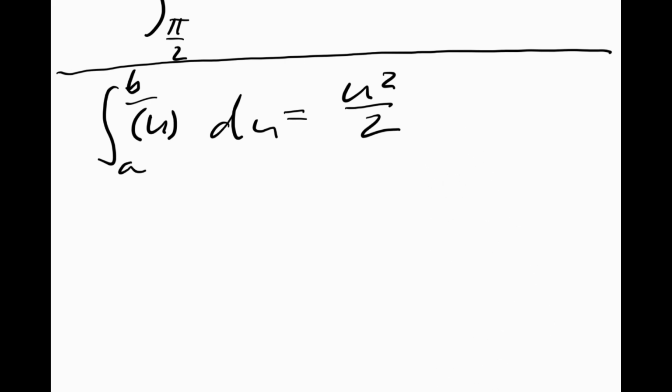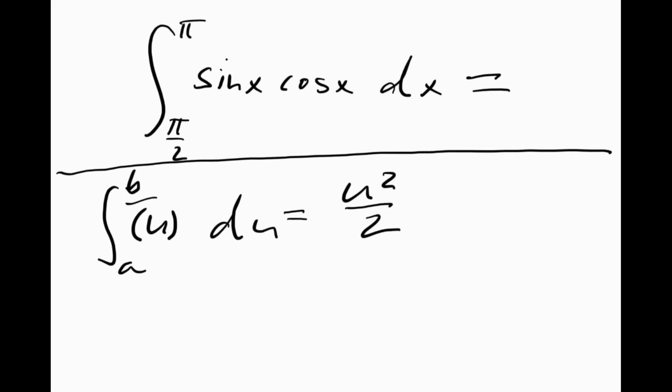So what we will now do is basically use this for the sine x cosine x dx. U squared over 2 has a meaning in terms of what u was set to for the initial integral.